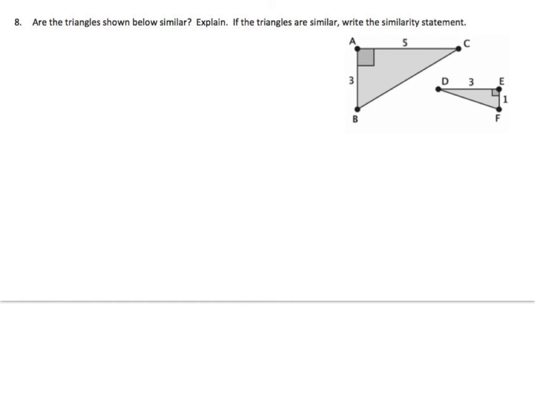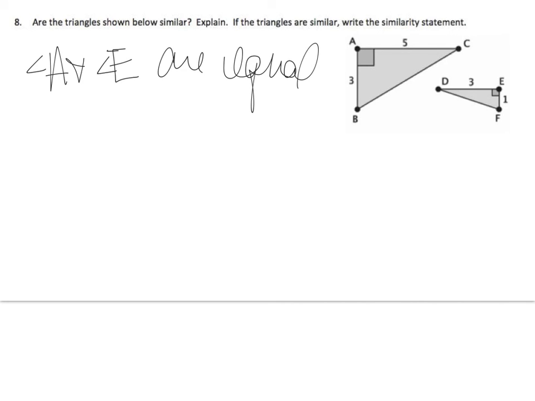Okay, number 8. Are the triangles shown below similar? Explain. It looks like angle A and angle E are equal. So let's check the sides. And again, I'm not sure which one corresponds with which. Let's just do big side over big side of one triangle over big side of the other, small over small.